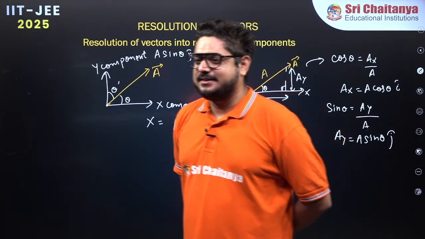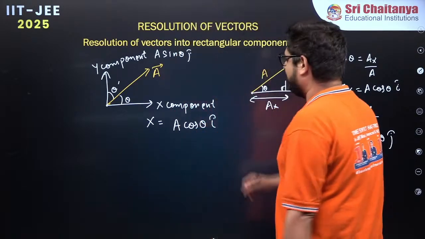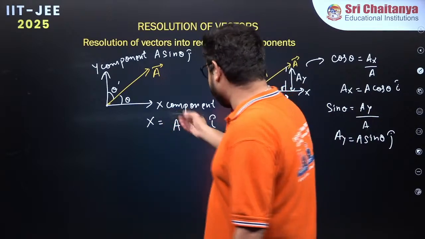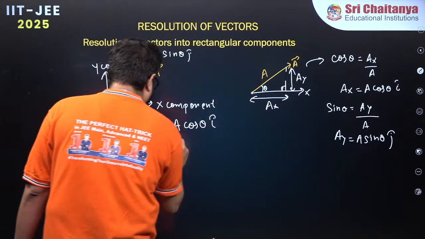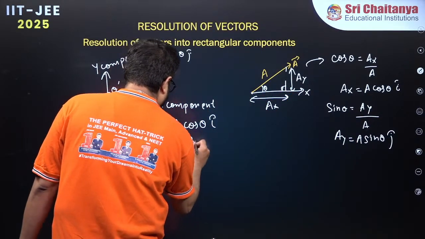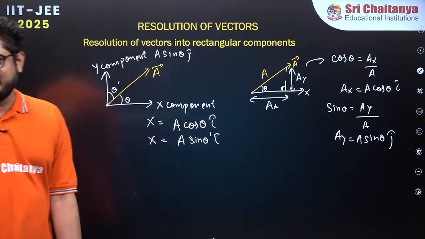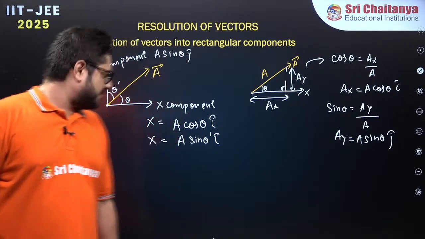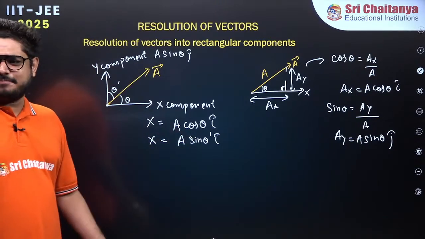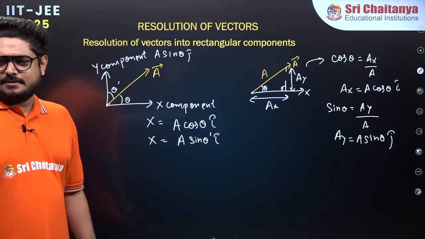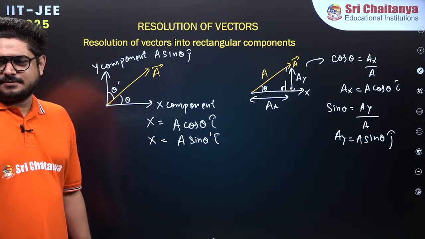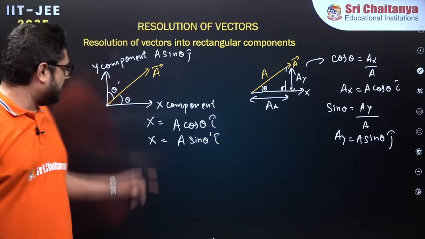What do you think? What should it be? X component can be also written as a sine theta dash i cap. Am I correct, everyone? Can I write it down as a sine theta dash of i cap? Theta dash, I am saying in terms of theta dash.